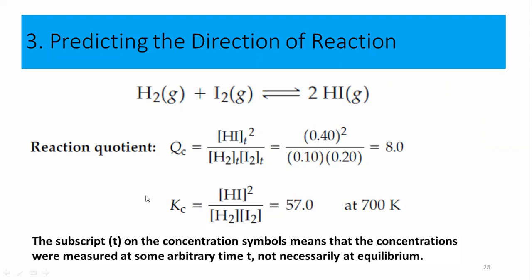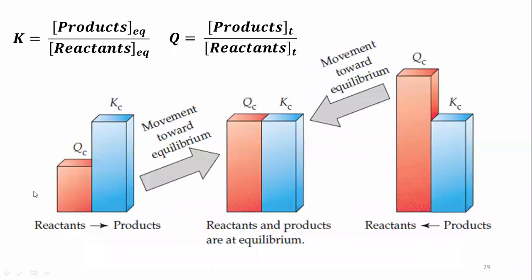Again, I am repeating, this is your target. Any value of the equilibrium constant is your target, and this Qc has to move towards the value of the Kc. And look at this point.